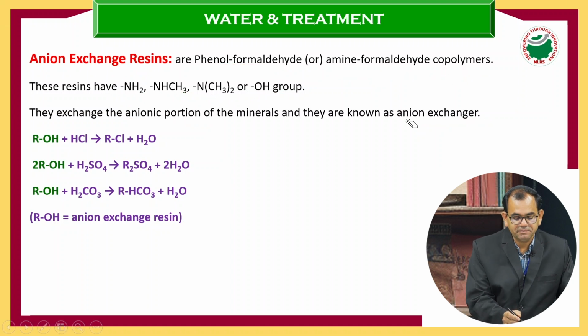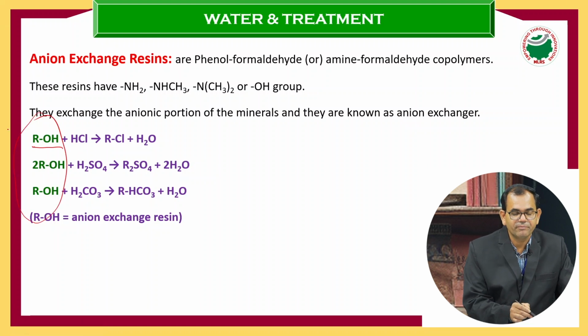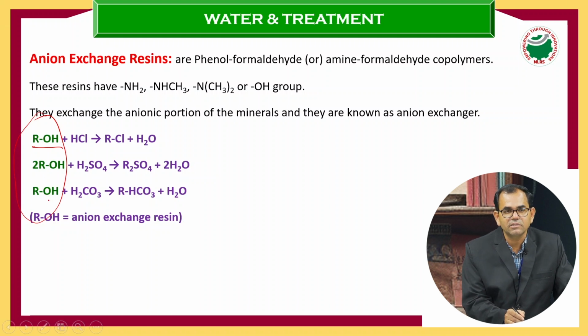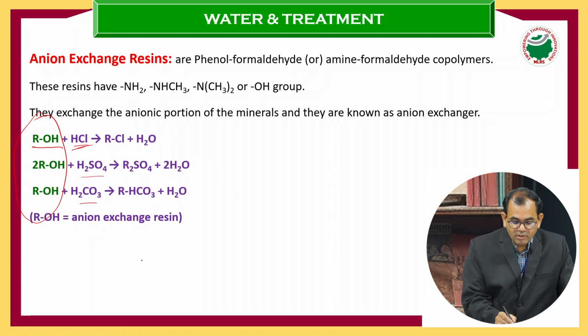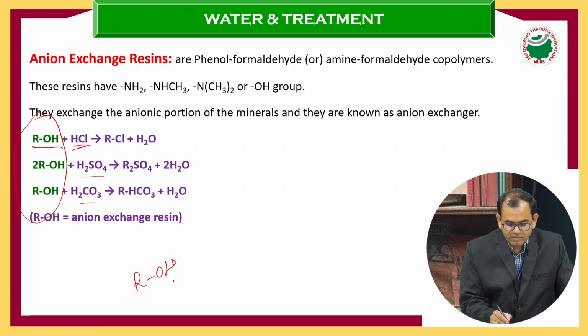First example is ROH, which is a resin. All these three are resins. And these are some acidic salts or acids which are there in the water. What's happening now? In the first case, ROH is a resin.